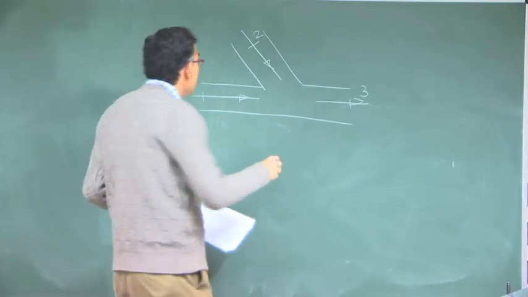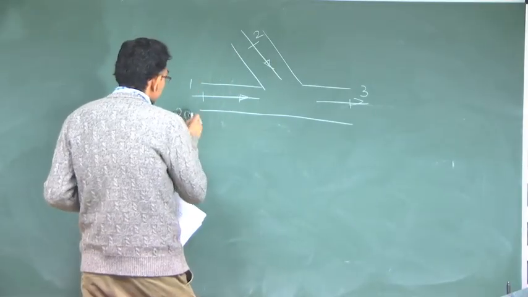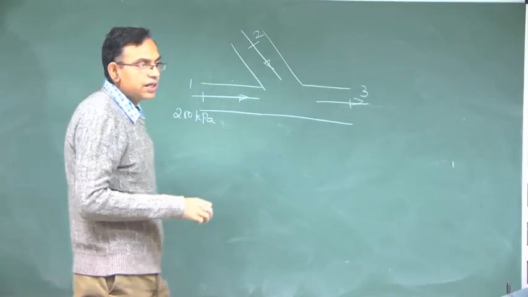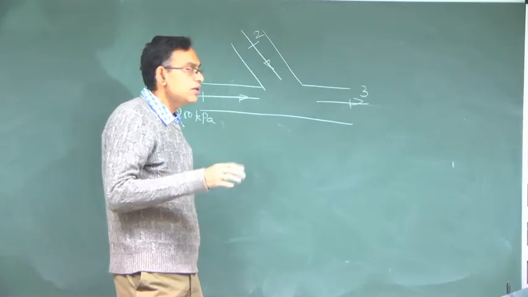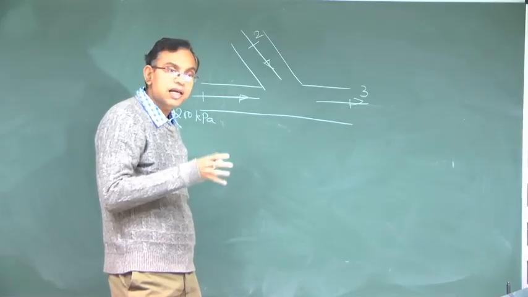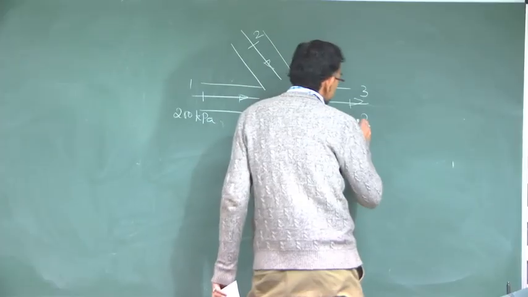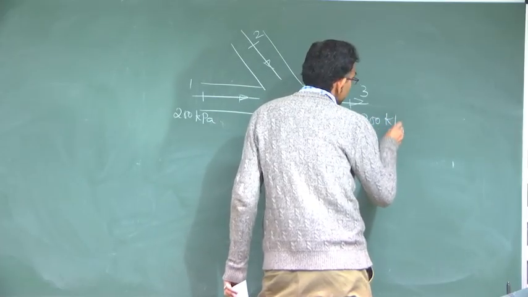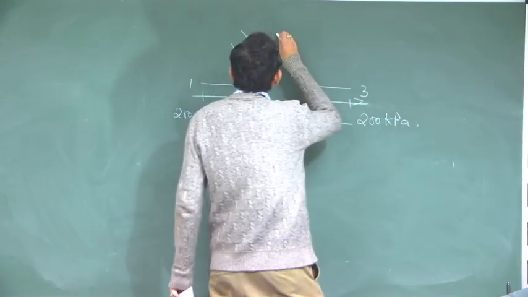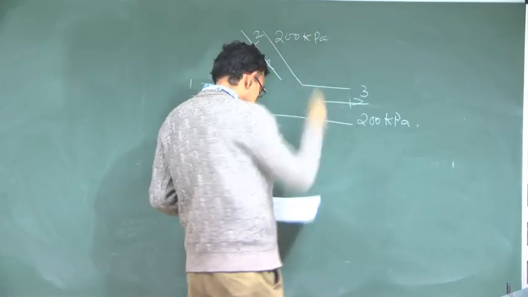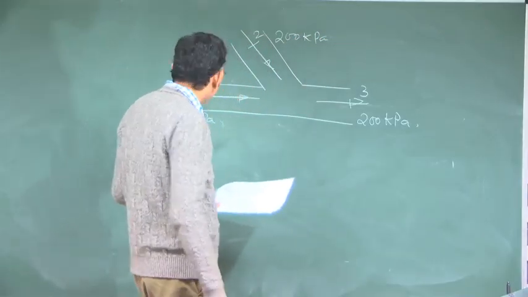So, this entire thing is a constant pressure process. Pressures are important not for using the first law, but for using the second law, because entropy change will be a function of pressure, even if it is an ideal gas. So, these are all 200 kPa.